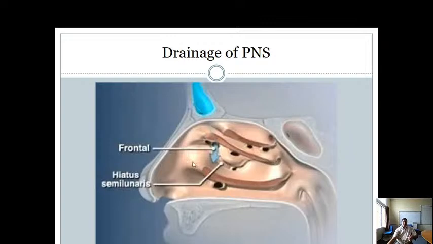Anteriorly you have the facial artery, and of course the palatine arteries. So these are the various arteries with their corresponding venous components which supply the nasal cavity.